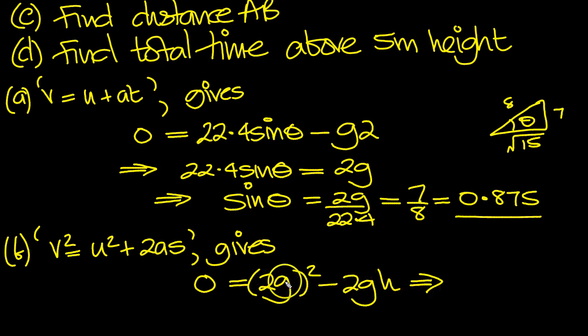2g squared is 4g squared, so I'm going to move this over, and 2g times h equals 4g squared.